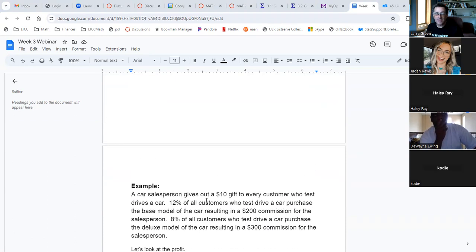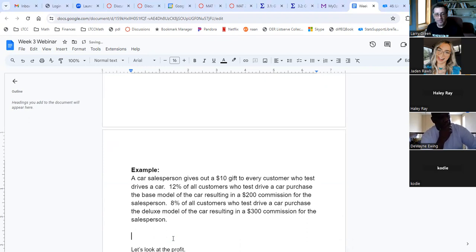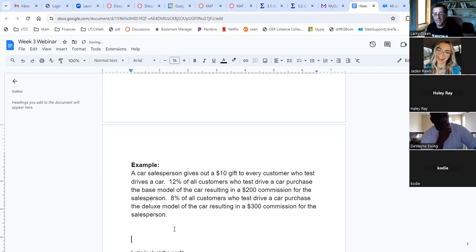And I'm going to give you an example. And here's an example question. A salesperson gives out a $10 gift to every customer who test drives a car. Okay, typical thing that happens in business is that you want to get customers in. So if you say, hey, anyone comes in, we're going to give you $10, then you might get more customers because people come in just for that.